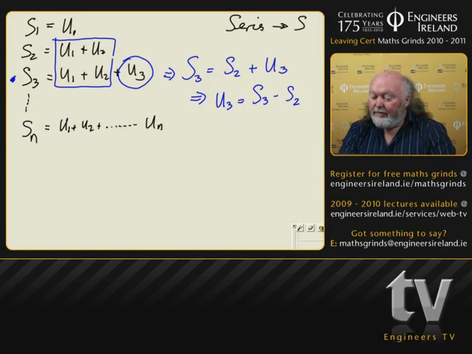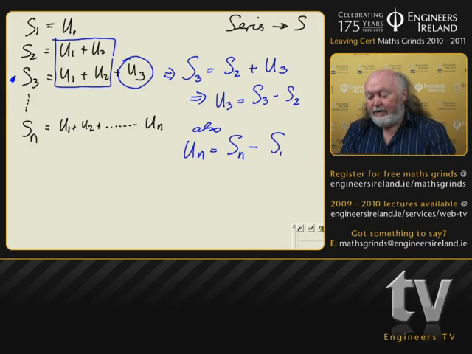And more generally, the nth term will be equal to the sum of the first n numbers minus the sum of the first n minus 1 numbers. Hopefully that's clear, because again we're just building up our numbering system, our means of being able to manipulate lots of big numbers, okay?